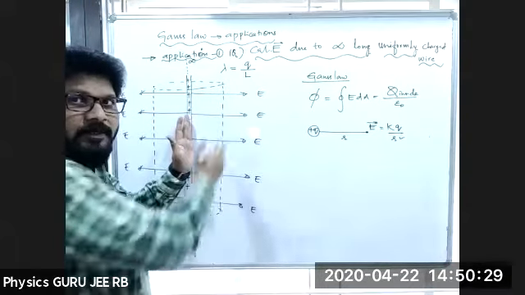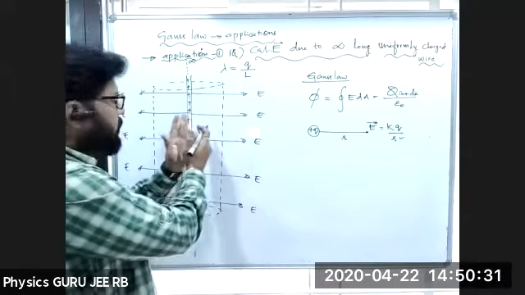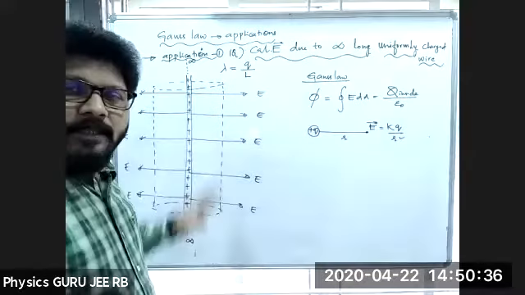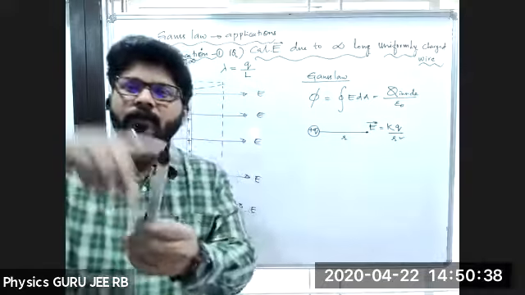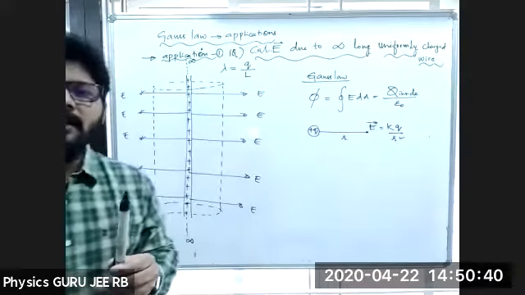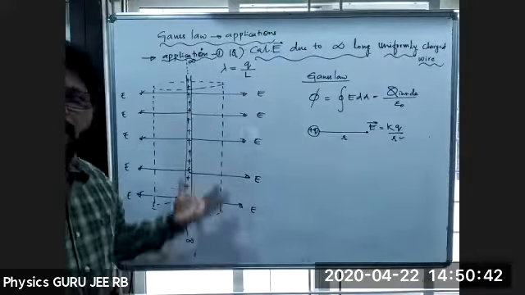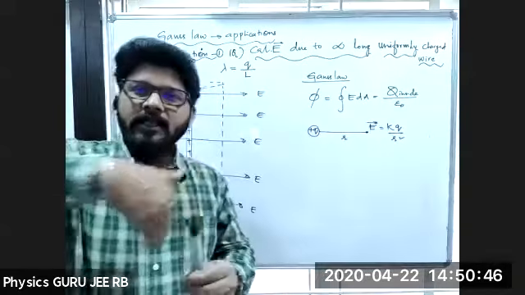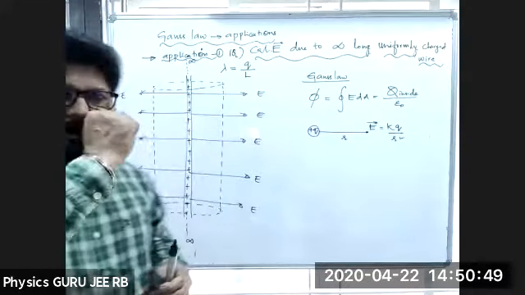All are equal distances from the center till this point. That is a condition that only this can satisfy. Only a cylindrical shape satisfies that the electric field should be equal at all surfaces, right?